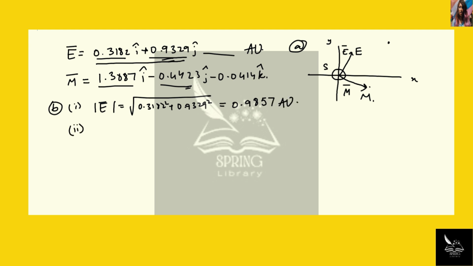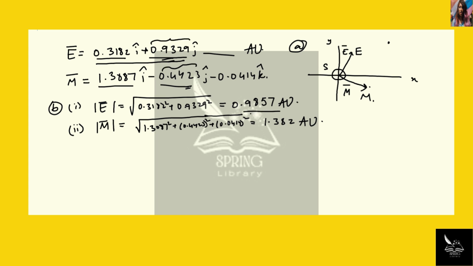Similarly, the distance from Sun to Mars would be the square root of 1.3087 squared plus 0.4423 squared plus 0.0414 squared, which is 1.382 AU. Notice that because we are given 4 significant digits in all numbers, we are expressing our answers also in 4 significant digits.